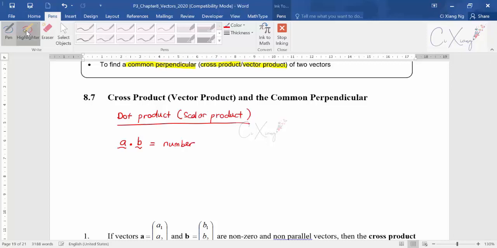That's why we call it the dot product, because the symbol here is a dot, and we call it the scalar product because your final answer is a scalar, a number.